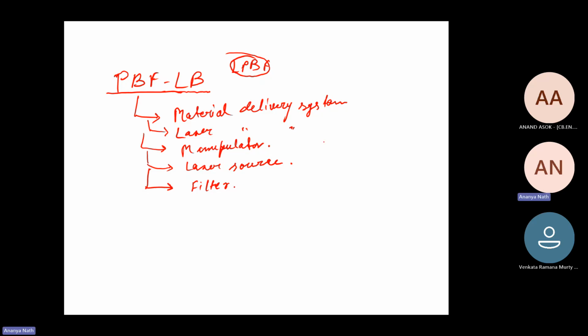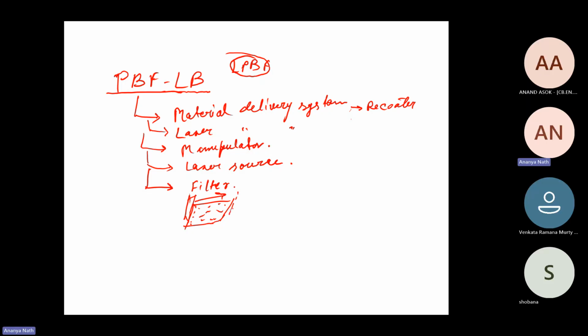So first is the material delivery system. This is done by the recoater. The recoater is nothing but, as you have seen, on the build plate there will be a recoater with a blade, and the powder will be spread by the recoater onto the build plate. When the recoater moves from one side to another side and finally reaches this portion, my powder will be spread all over the build plate.